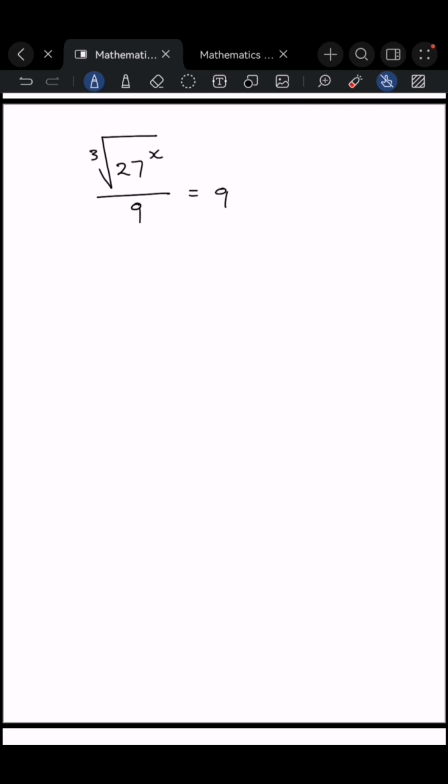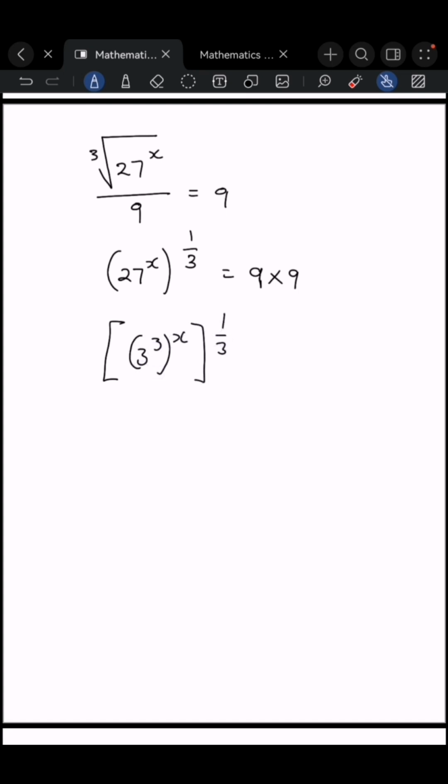Alright. So for x, the cube root of this is going to be 3. x all raised to the power of 1 over 3 is equal to, by cross multiplication, 9 times 9. If we check inside here, 3 to the x, in brackets, to the 1 over 3 is equal to 9 times 9 which is 81.